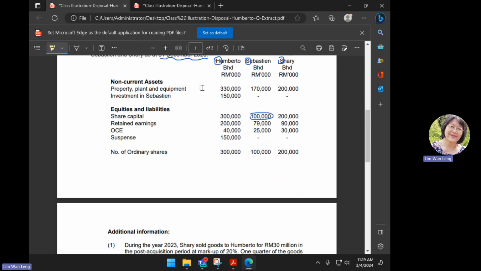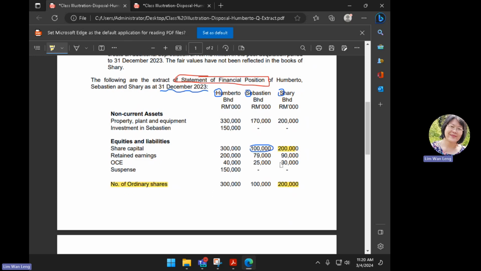So which means you have to go and look at the ordinary share cap in Sherry. How many numbers of ordinary shares? For simplicity, usually the same figure for the ordinary share cap value will be the same figure for the numbers of ordinary shares. Okay, so no need to go and confuse the students so much.